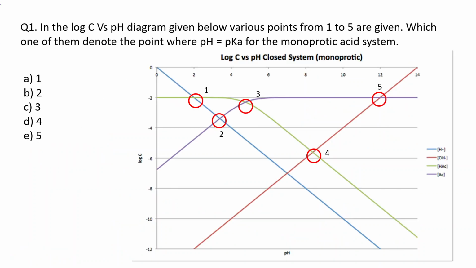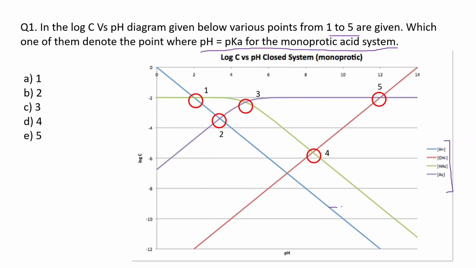So the first question is: in the log C versus pH diagram given below, points 1 to 5 are given. Which one of them denotes the point where pH is equal to pKa for a monoprotic acid system? We're talking about a monoprotic acid system, and you can see what is representing what.